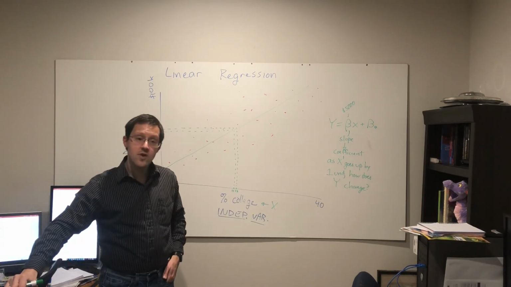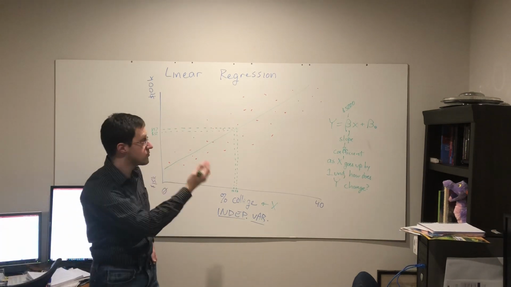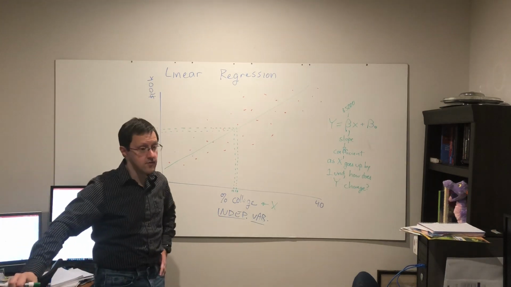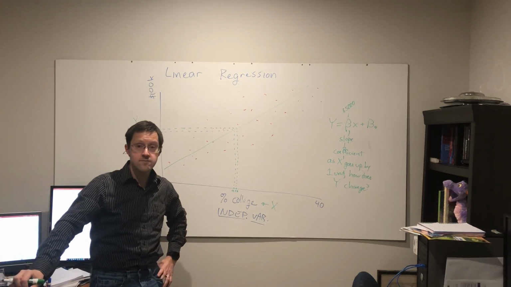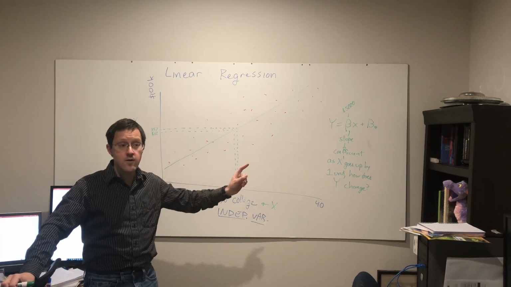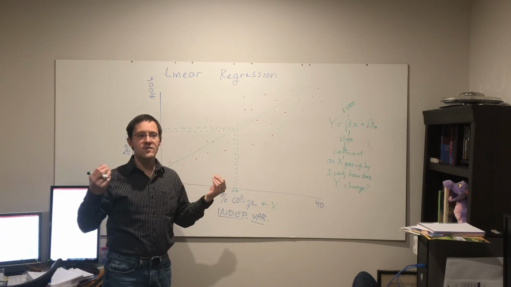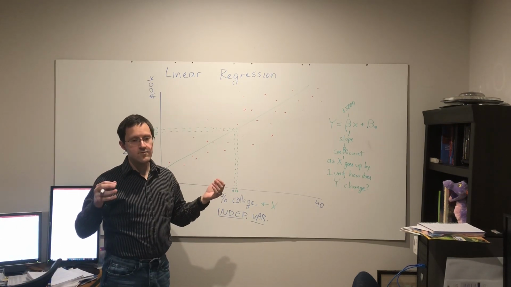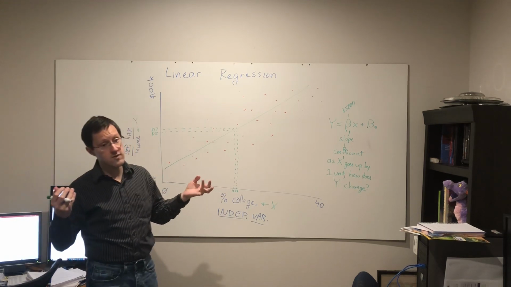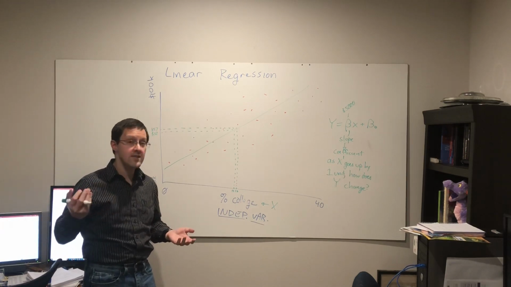But to know how to model this or to make a prediction, we also need a starting point. I can say, well, as I increase the college education rate, income goes up by 5,000. I cannot get any kind of meaningful prediction, however, if I don't know what the income should be when x, the independent variable, college education rate, is 0. We may not encounter any counties like that.